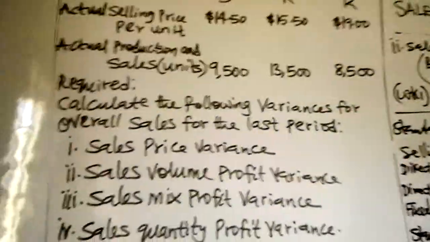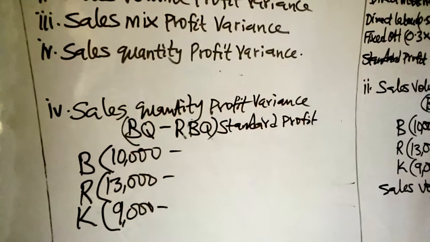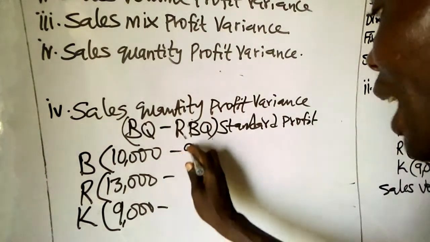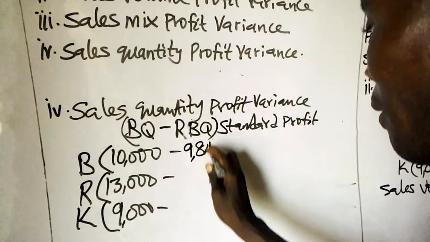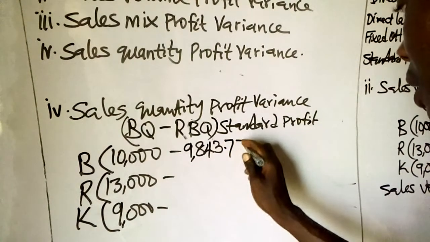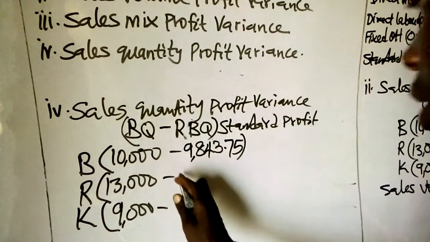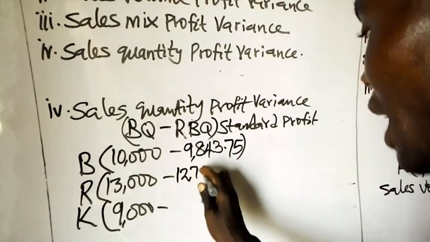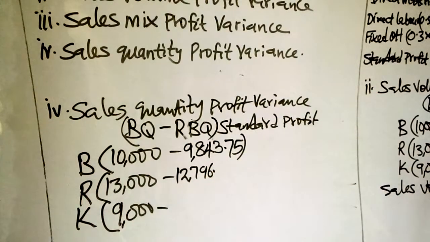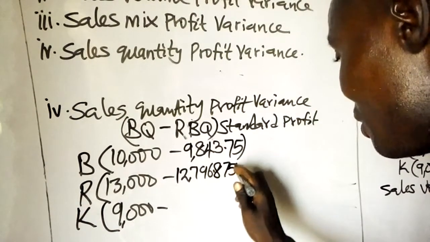Revised budgeted quantity for B, 9,843.75. For R, we have 12,796.875.